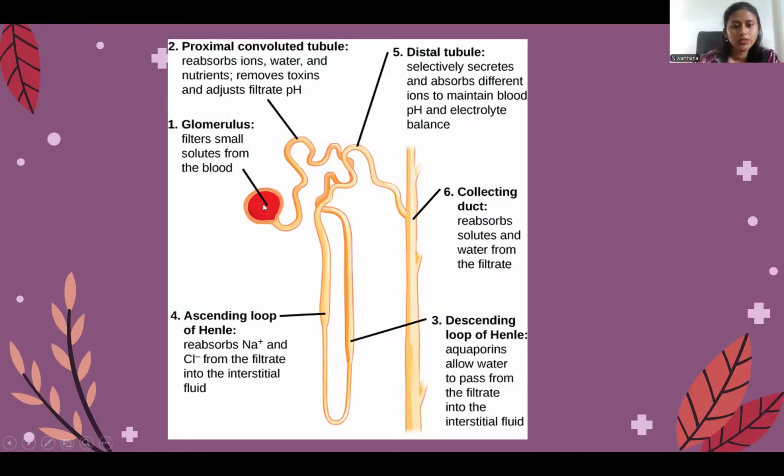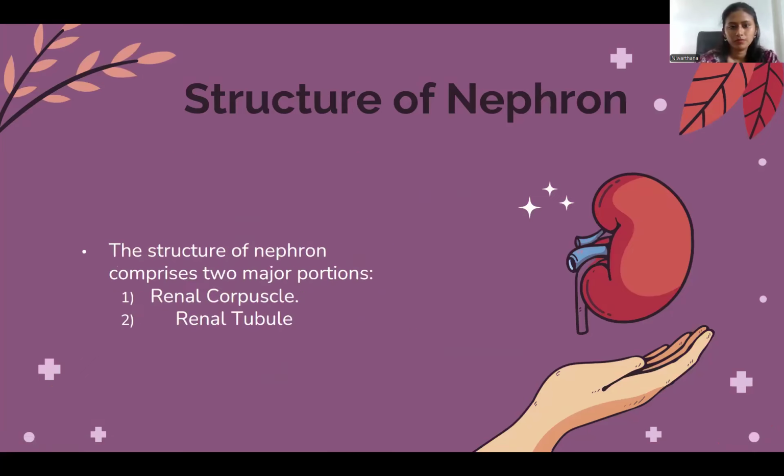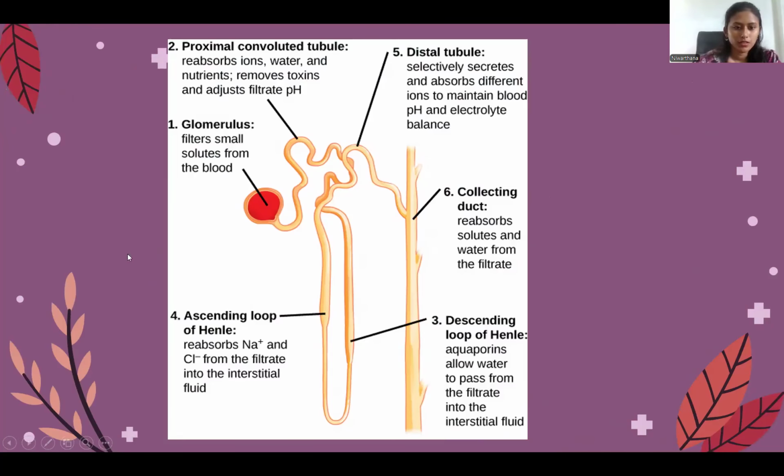So this is the glomerulus, surrounding it is the Bowman capsule, and the two structures we call the renal corpuscle. As we said, the structure of the nephron comprises two major portions, the renal corpuscle and the renal tubule. The whole unit is the nephron.